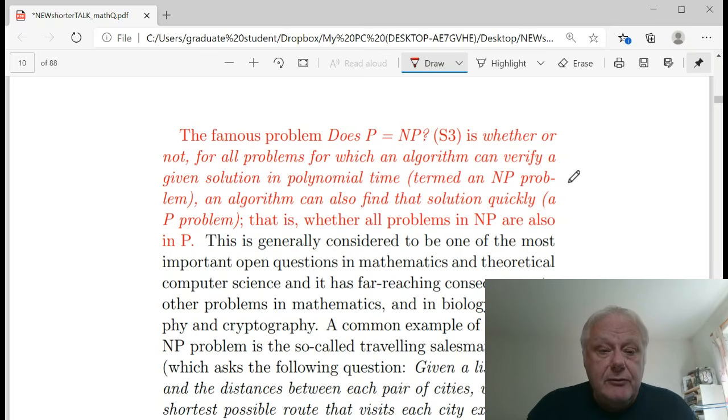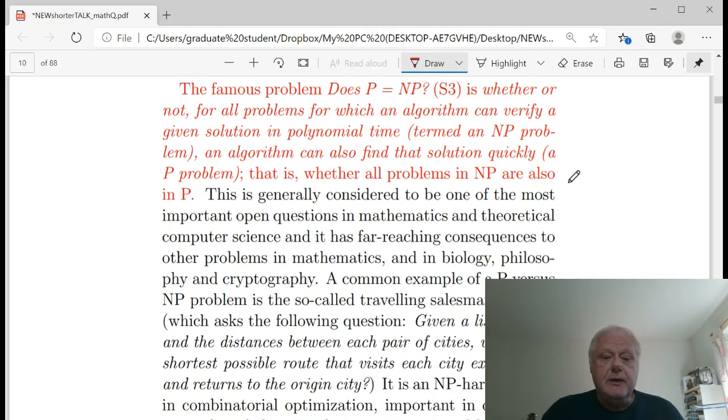Or whether there's an algorithm that can find the solution quickly, meaning in polynomial time. That's what the P stands for. So the question is, are all problems in NP, all problems for which there's an algorithm, can they always be solved by, for want of a better phrase, a simple algorithm?